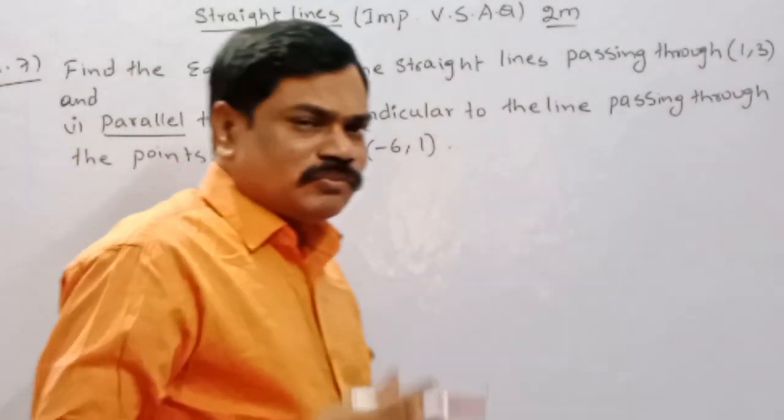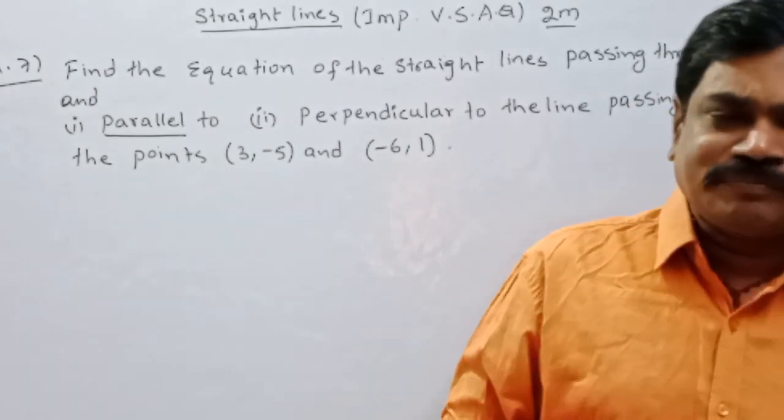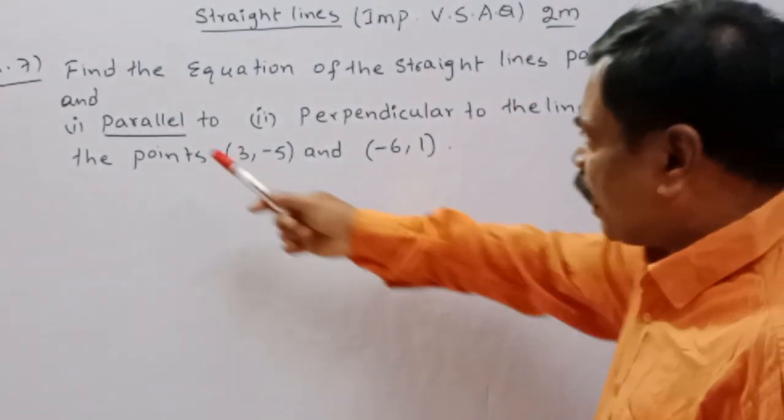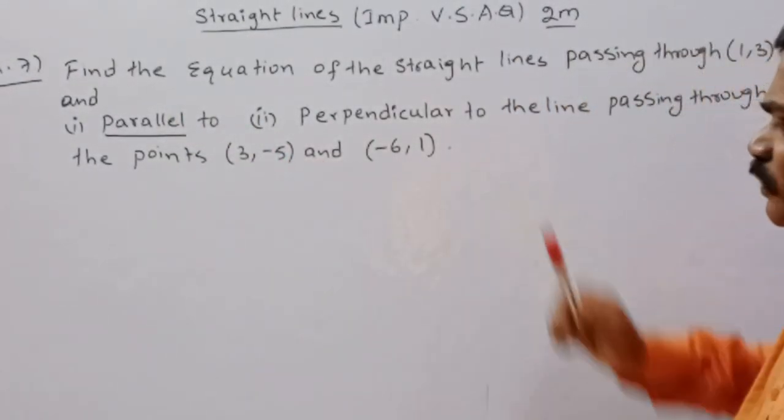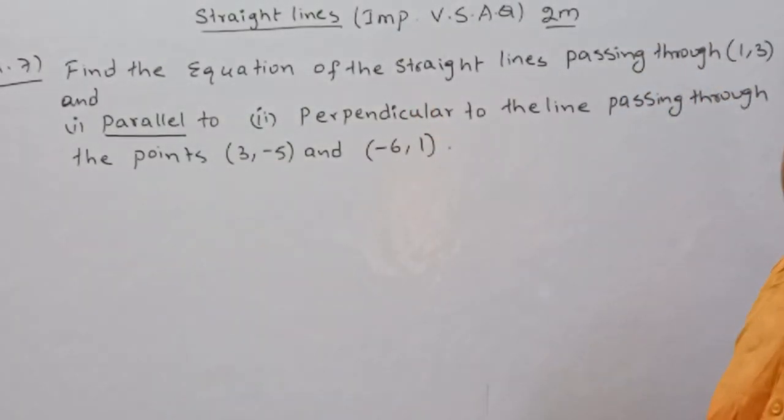So here we have to find the equation of the line which is parallel to the line passing through this one and perpendicular to the line passing through this one.